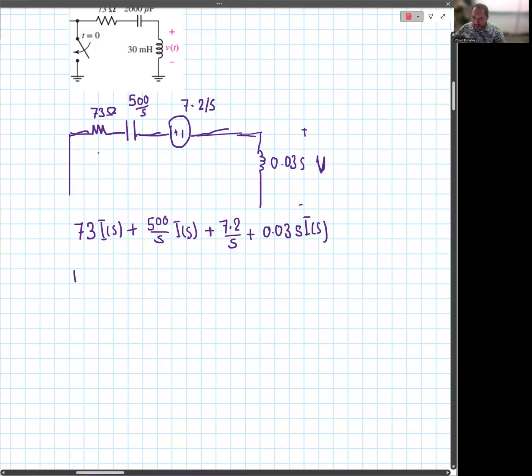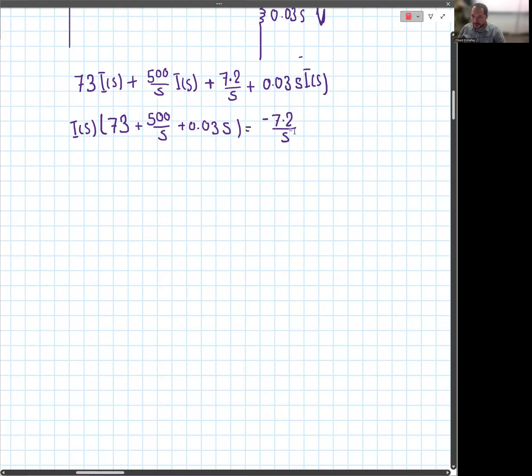Solving for I(S) times 73 plus 500 over S plus 0.03 S equals negative 7.2 over S. So let's move everything to the other side.